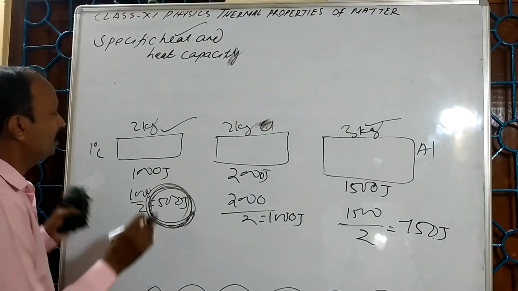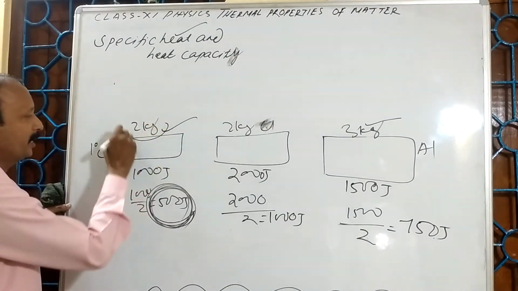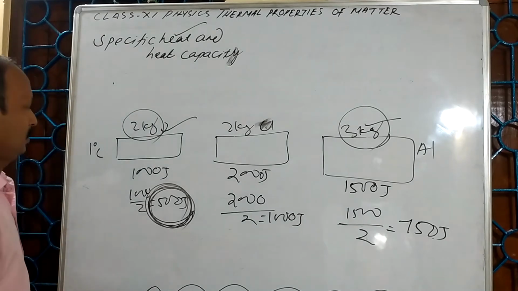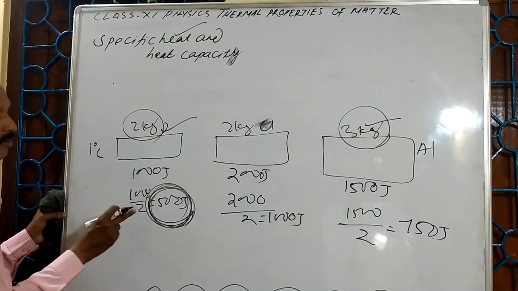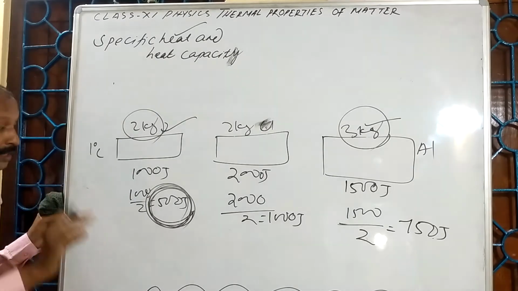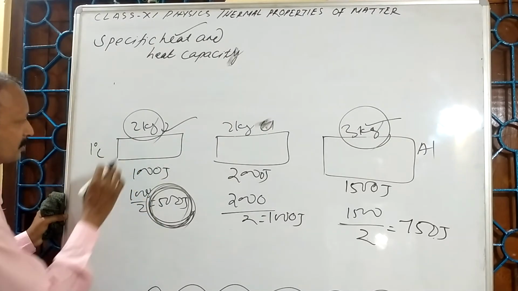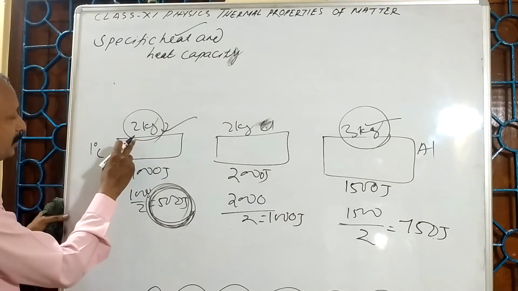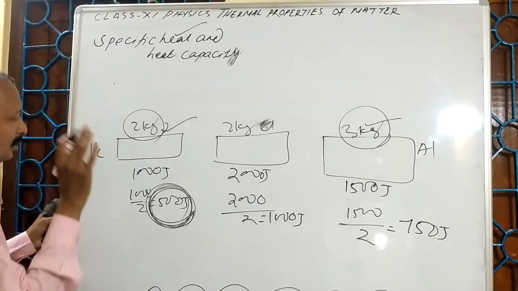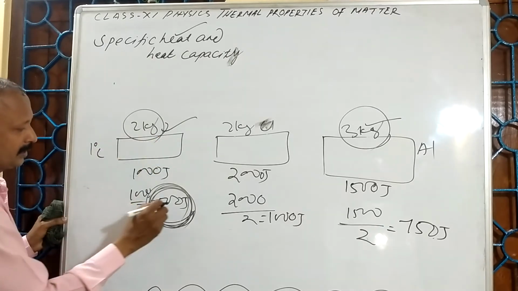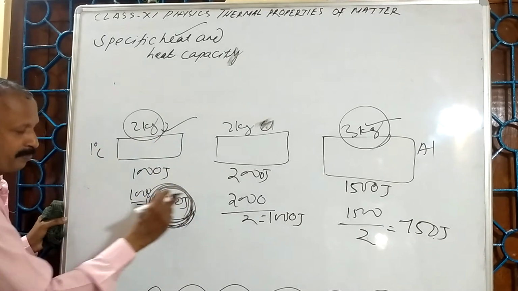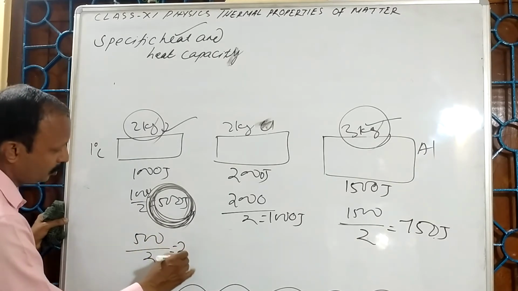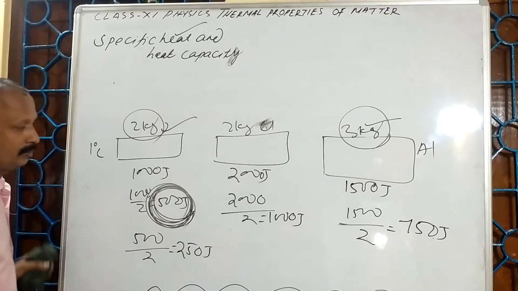Why is the difference coming? The thing is that here I have taken mass 2 kg, here mass I have taken 3 kg. Now we will consider for unit mass. If it is for unit mass, then I shall divide it by this 2. For 2 kg, the amount of energy required is 500 joule. For 1 kg, 500 upon 2 is equal to 250 joule.